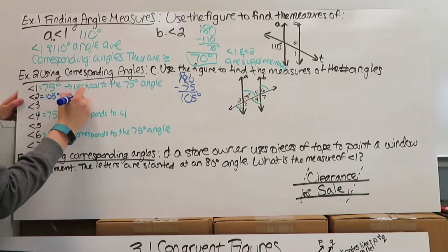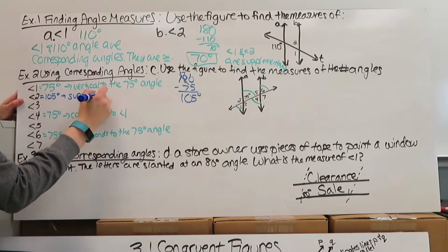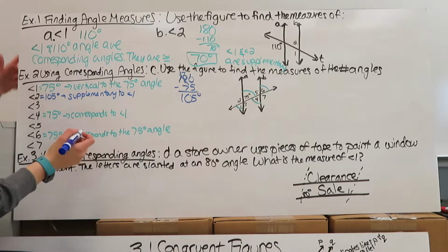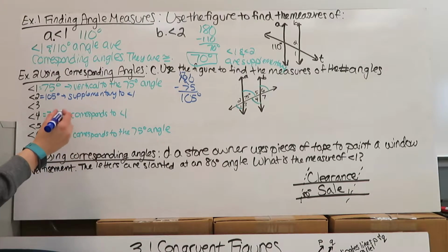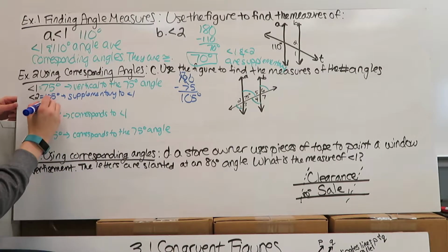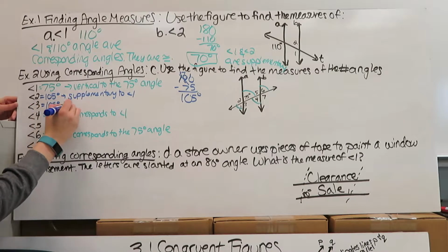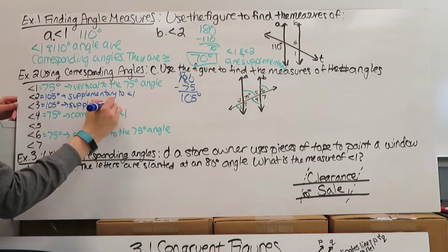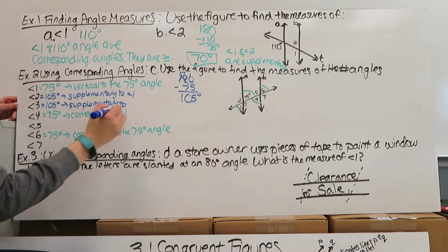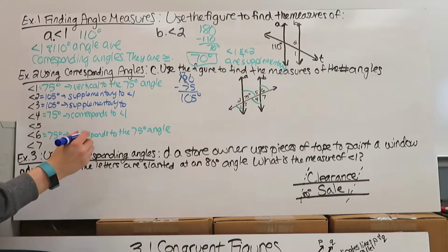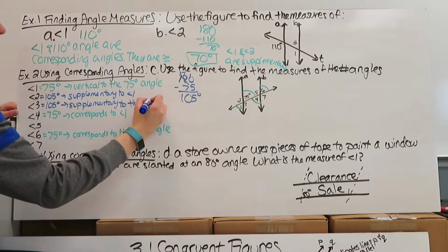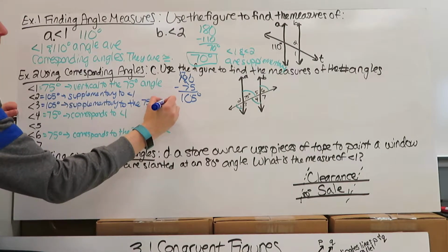This is supplementary to angle 1. Then number 3 is 105 degrees. It is supplementary to, you can say angle 1, but I'm going to say to the 75 degree angle.